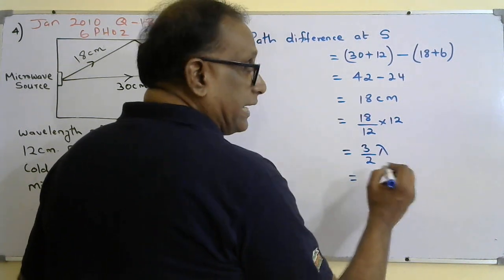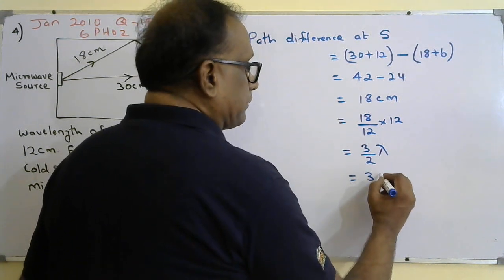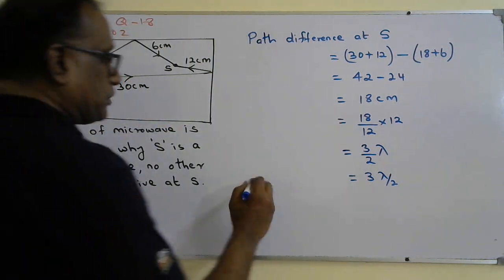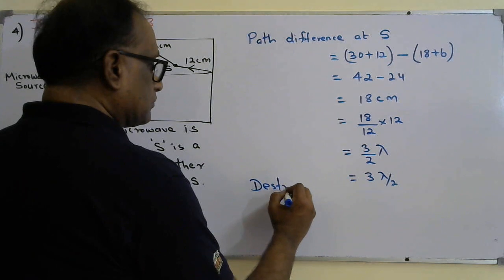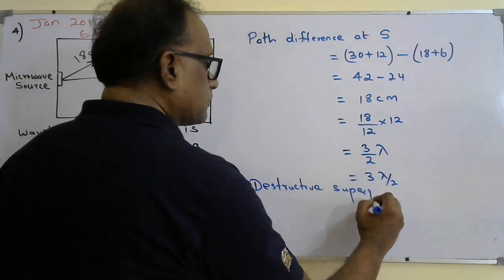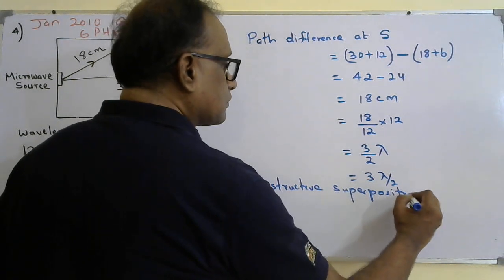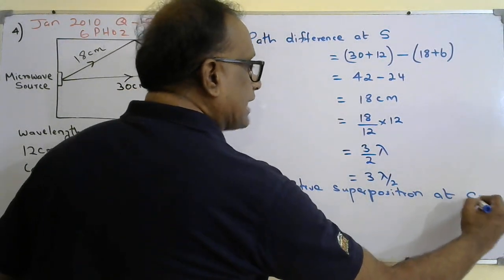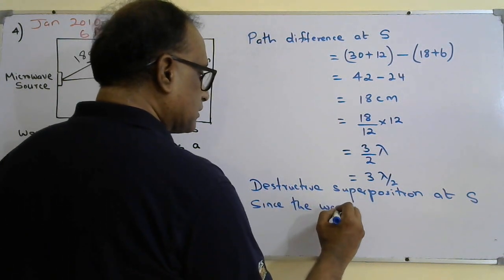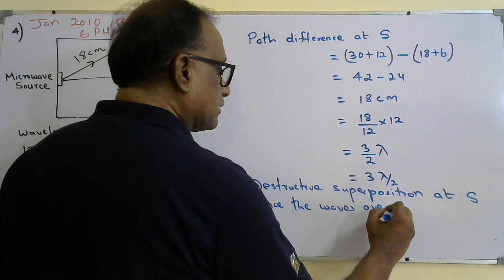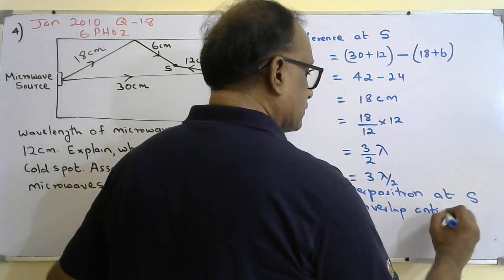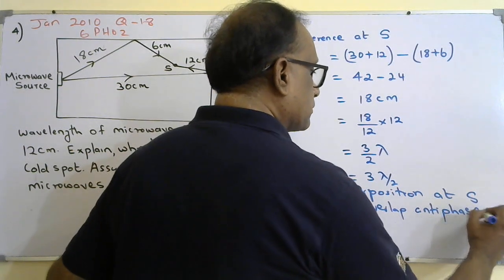So 3 lambda by 2 means an odd multiple of lambda by 2. So there will be destructive superposition at S since the waves overlap in antiphase.